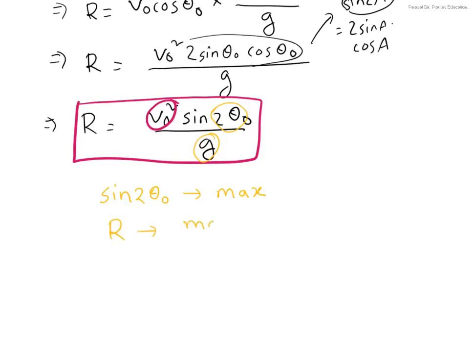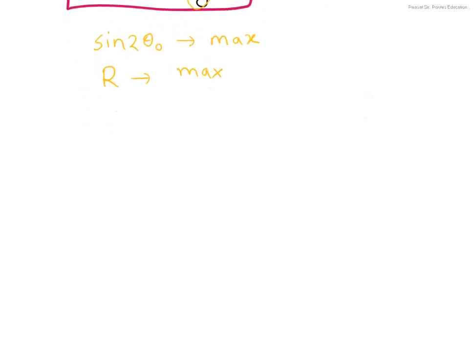If we get the maximum value of sin 2 theta naught, R will become maximum. The maximum value of sine is 1. So sin 2 theta naught is 1, and when it becomes 1, R will also be maximum.